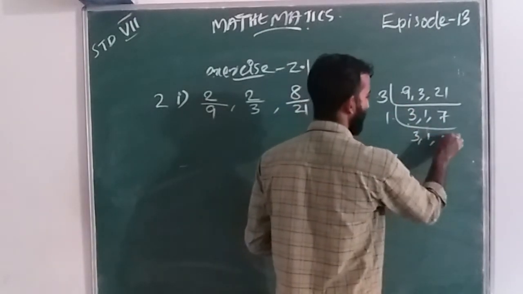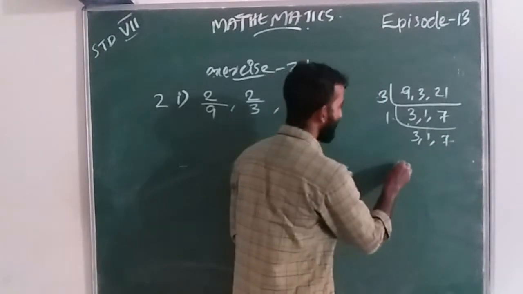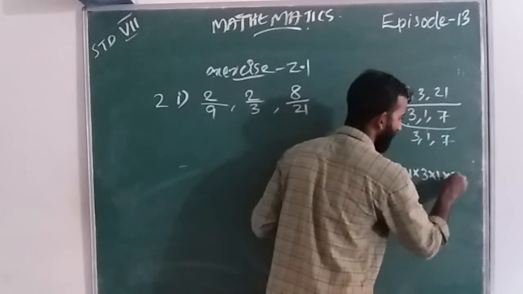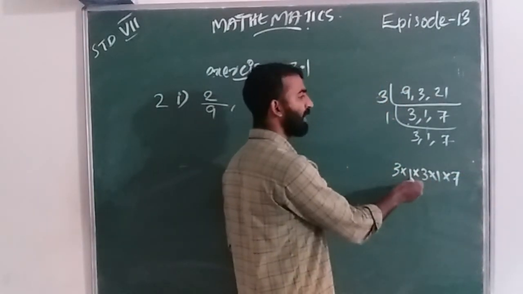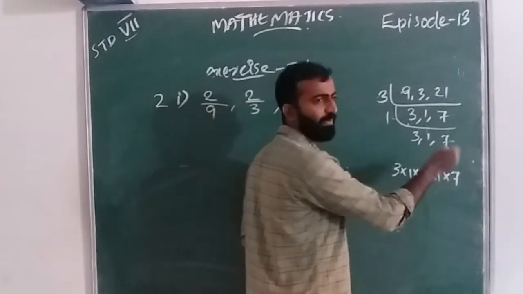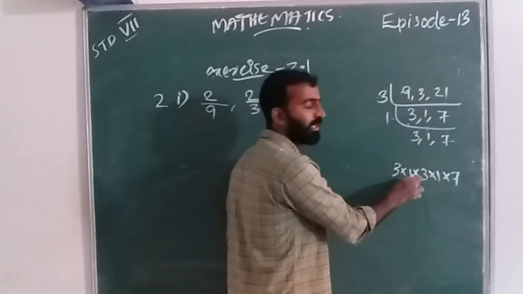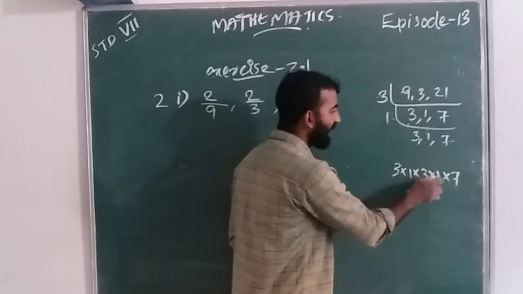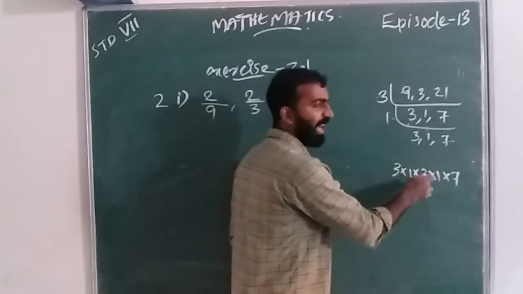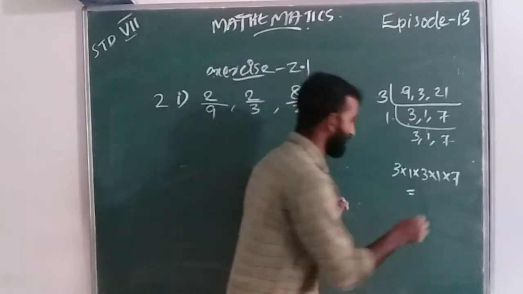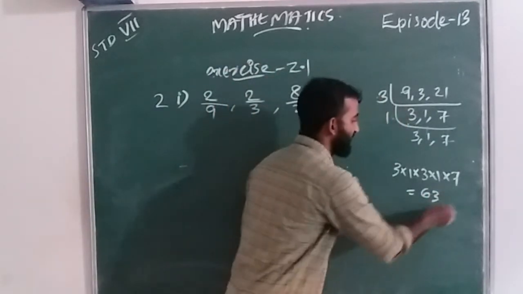The LCM is 3 into 1 into 3 into 1 into 7. 3 into 1 is 3, 3 into 3 is 9, 9 into 1 is 9, and 9 into 7 means 63.